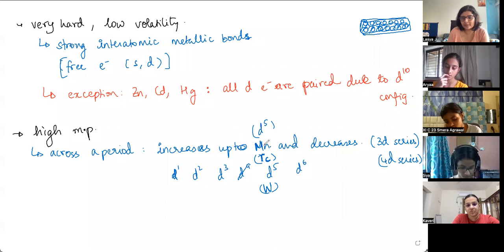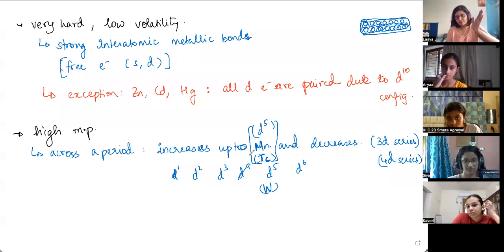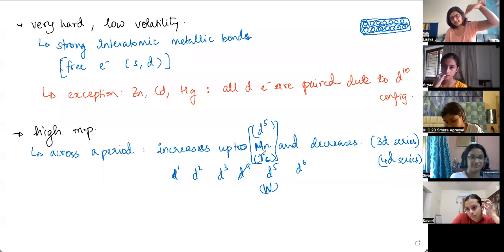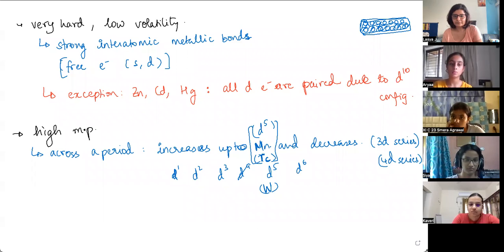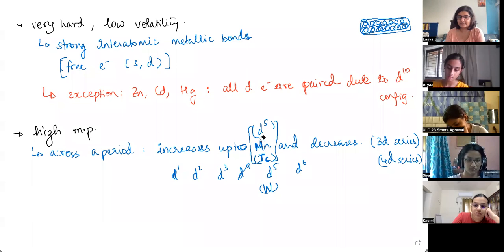It increases up to just before manganese. These two are exceptions here. So up to before manganese, and then after manganese, they start falling. So in this case, chromium has the highest, and then it starts falling from manganese onwards.